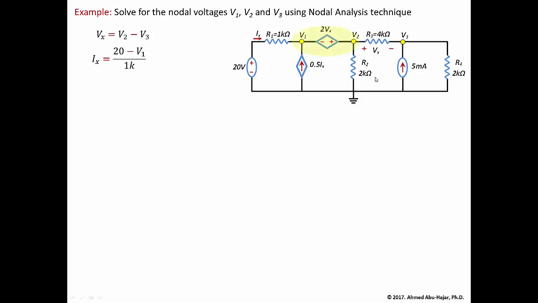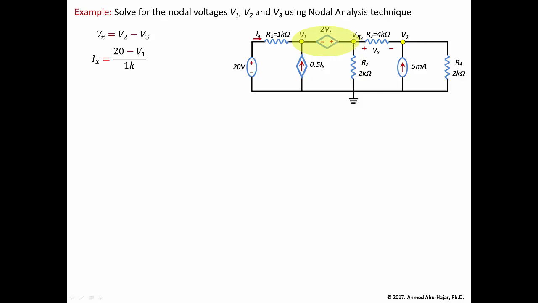The second trick in the problem is that this dependent voltage source is connected between V1 and V2. Whenever we have a voltage source between two nodes, whether it is a dependent or independent voltage source, we must use the supernode equations for this particular node.